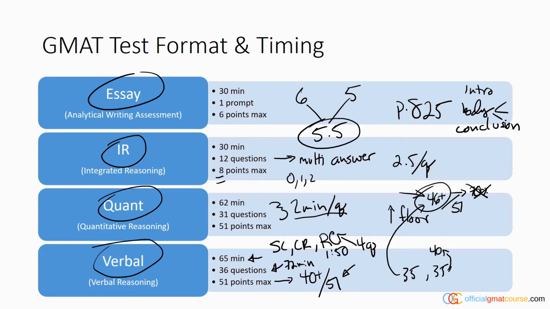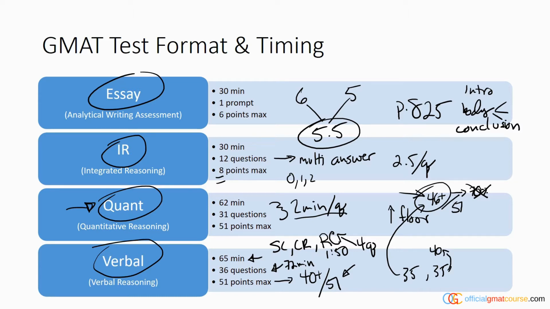And in fact, if you are going to fall short of finishing a section, if you're on question, say, 25 out of 31 on the quant section, and there's only 2 minutes left, it's important that you at least get a guess in on each of those questions to try to maximize your points, because any questions that you don't answer are considered wrong. So just make sure you finish every section, even if you have to guess on questions.